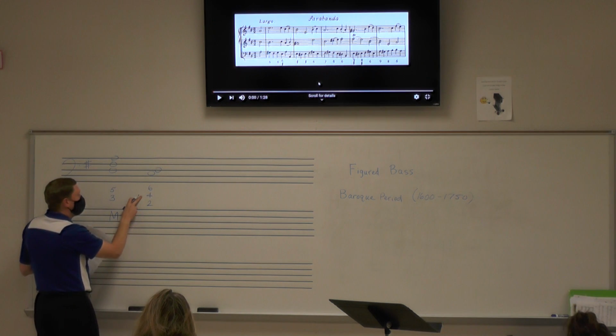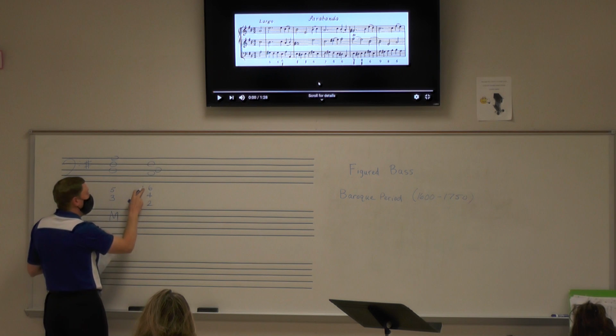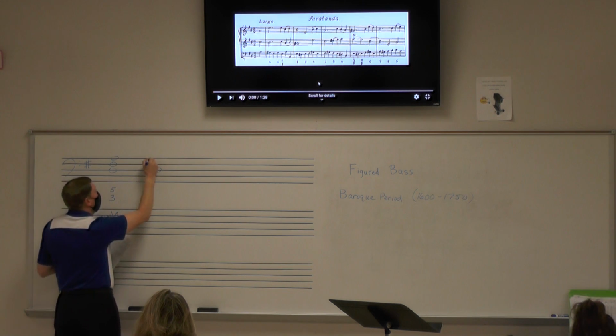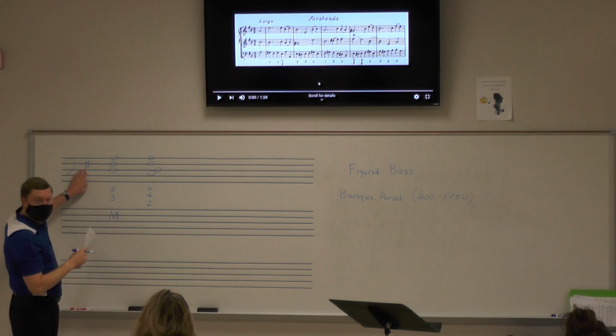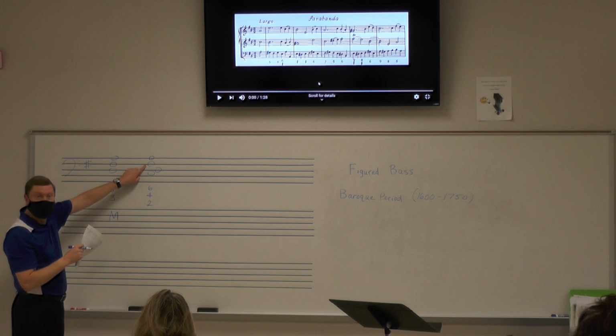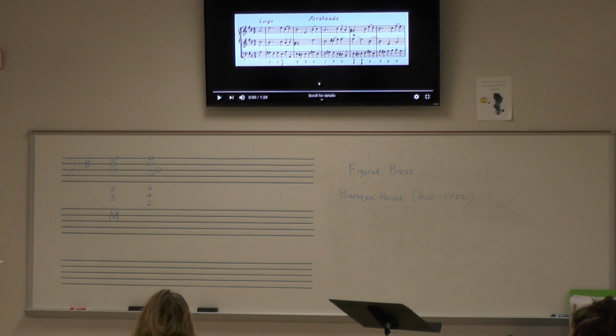And what note is a fourth above a C? F. And what note is a sixth above a C? A. Okay. Now, does the key signature affect any of these pitches? Yeah, it affected this one, the F. So after I plug in those notes at those intervals above the bass, that's all I'm doing there.